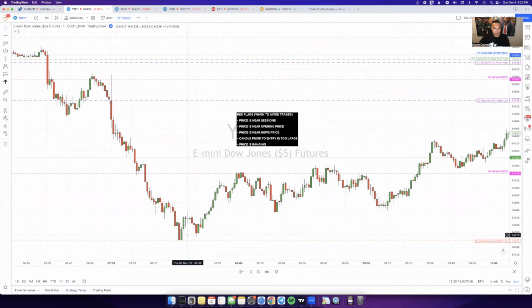So as you can see, whenever you have a big candle like this, you typically want to avoid it. And you'll measure this candle compared to the other candles, right? So this candle right here is very large compared to this one, this one, this one, this one, etc. Whenever you have a big candle like this drop down, price tends to retrace back. And there's two different levels where price retraces to.